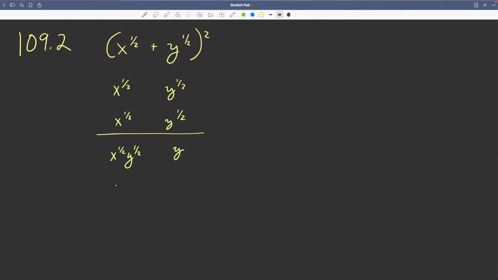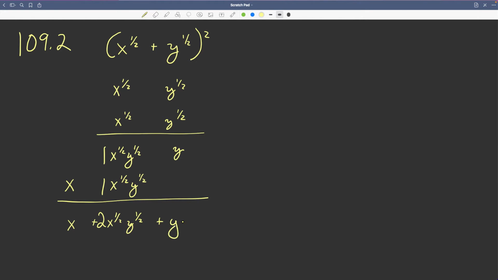Same thing here. It's the same multiplication. We'll stack that, and then we'll multiply these, and we get a whole x because 1/2 and 1/2 is a whole. And then our answer is x plus 2x to the 1/2, y to the 1/2, because there's this invisible 1 right there, plus y.